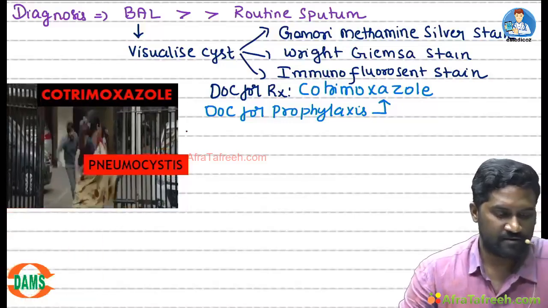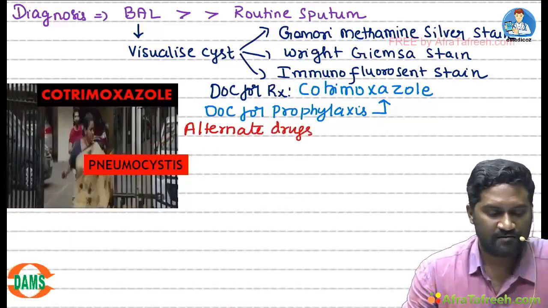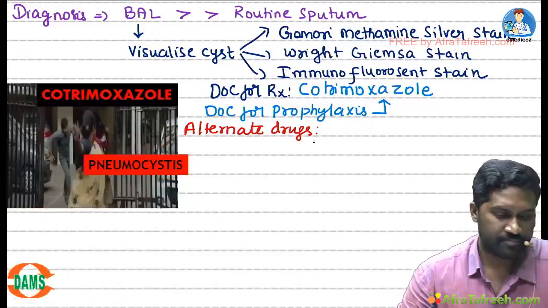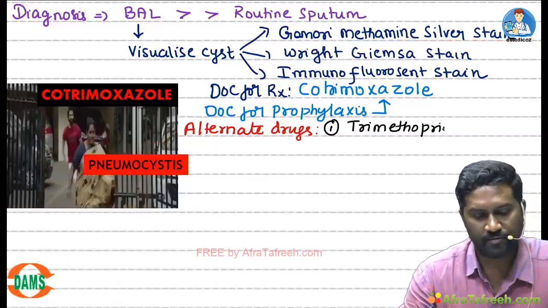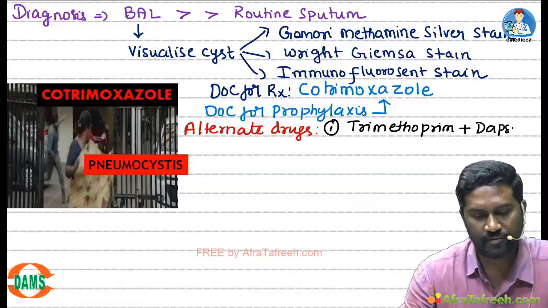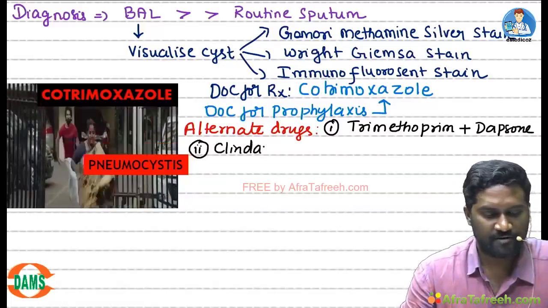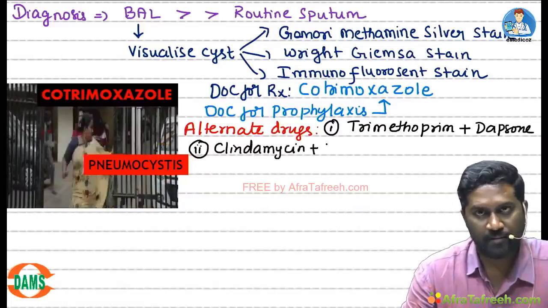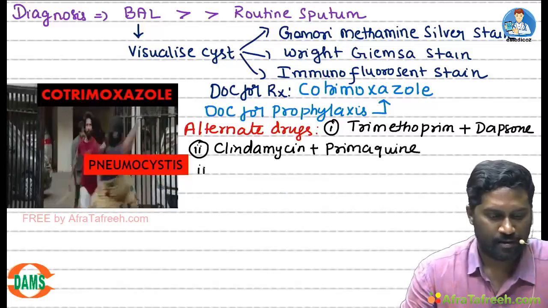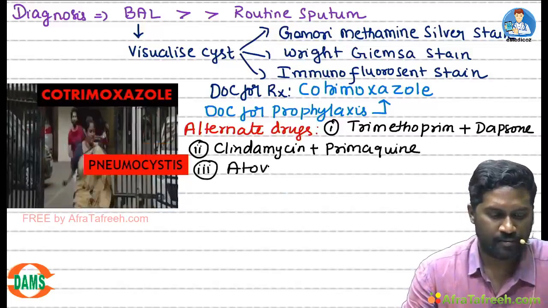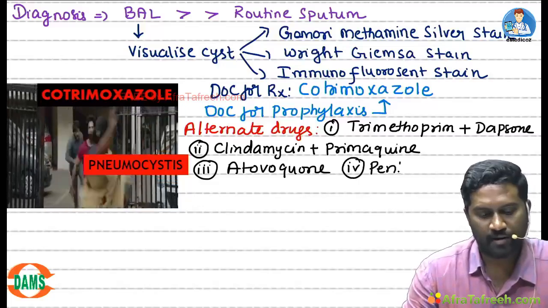Now if the patient is not tolerating cotrimoxazole, what are the alternate drugs available? We have trimethoprim plus dapsone. Then next important thing is clindamycin plus primaquine, atovaquone, pentamidine.